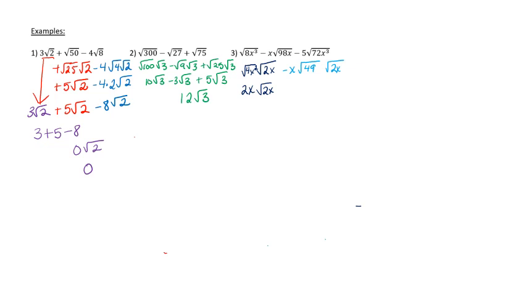So the index of this one is 2, because we're doing a square root. And since I have just x there, it has an exponent of 1, which is smaller than my index. So that is simplified. I'm going to do the square root of 49, which is 7. And then I just bring that x down, 2x. So this came from that, came from that.